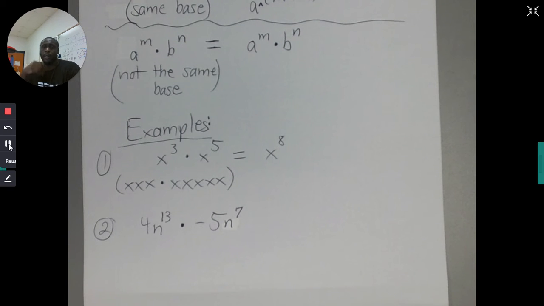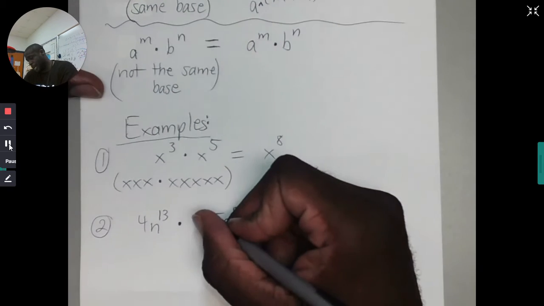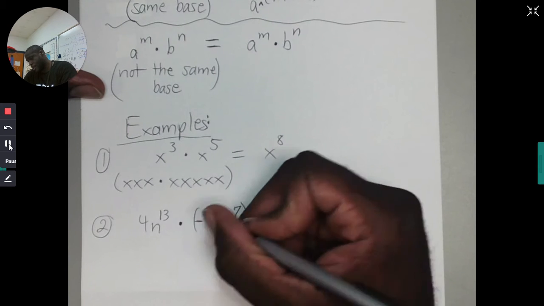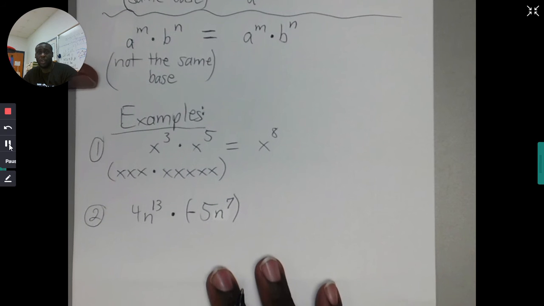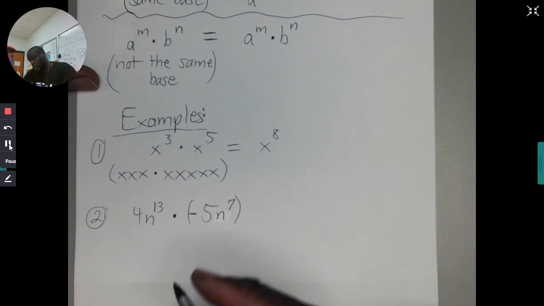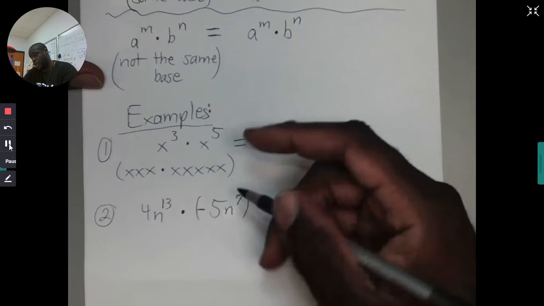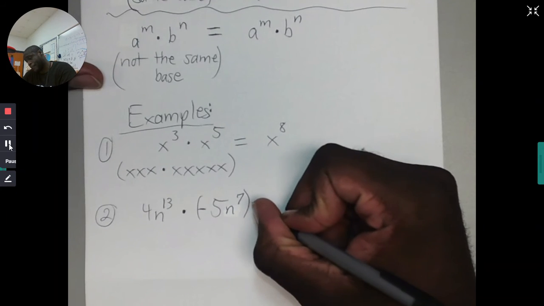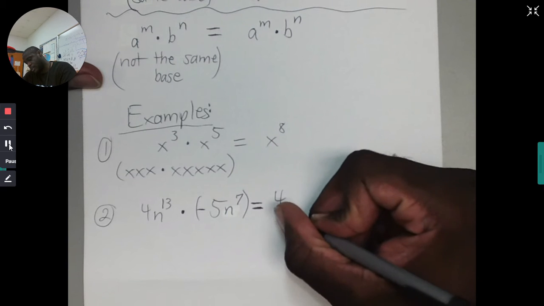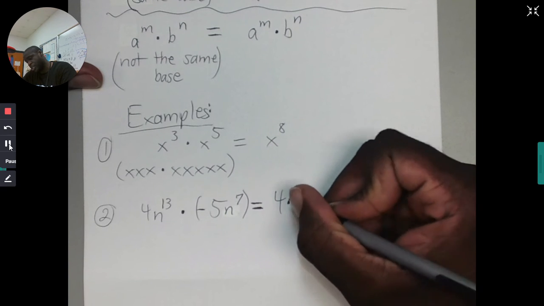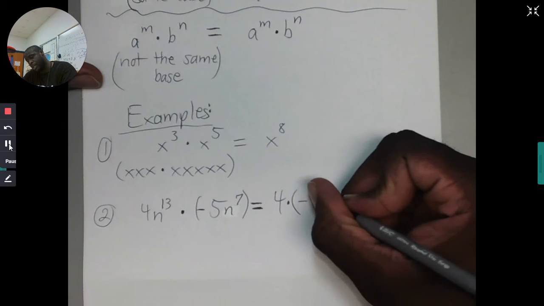All right, so if we had this here, and we had coefficients in front of those variables, the way that I suggest doing this is rewrite it so those parts that sort of look alike are written beside each other.